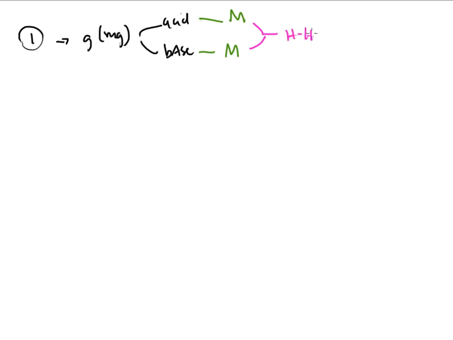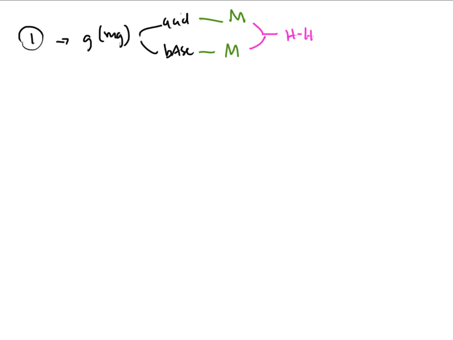The first type of alternate scenario that you might see is that they're going to give you grams or milligrams of the acid and of the base that was used. What you're going to have to do from this point is calculate the molarity of each one of these, and then those two molarities can be lumped together into the HH equation.